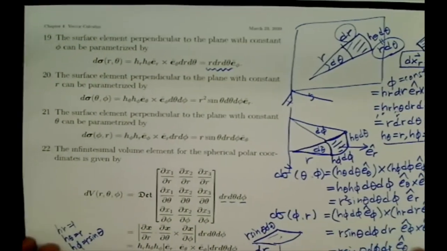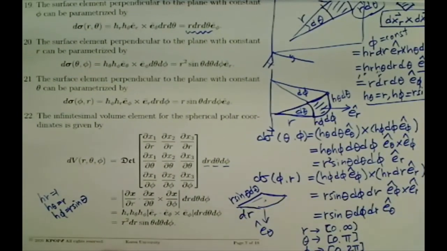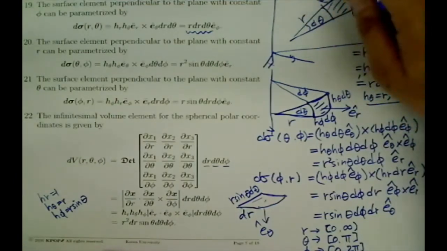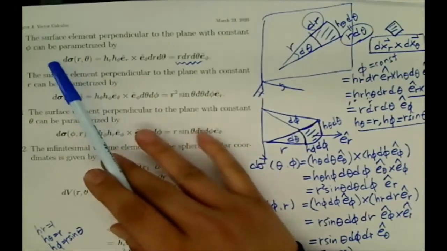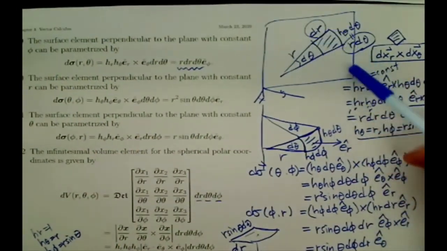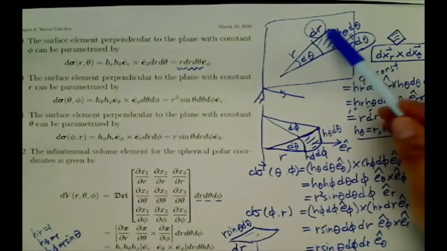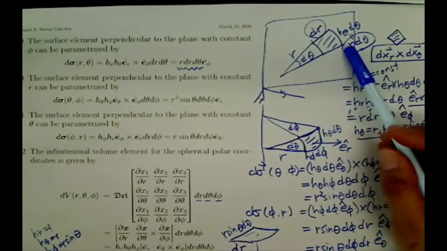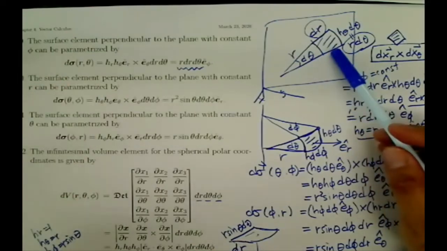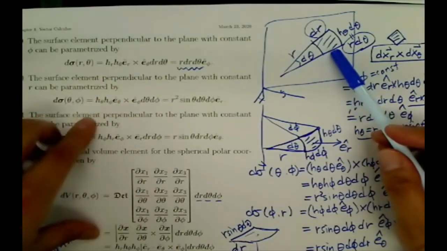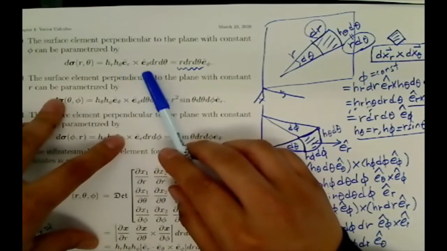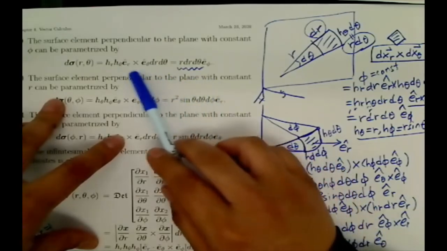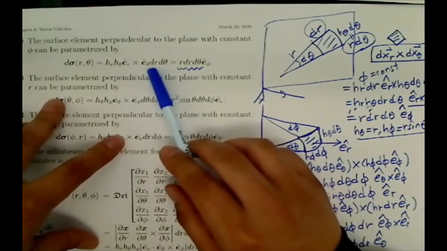Next, we consider the surface integral. What we have to do is just combine. For example, r-theta means a surface made of the change of r and the change of theta. This infinitesimal area element is the cross product of the r direction displacement and the theta direction displacement.